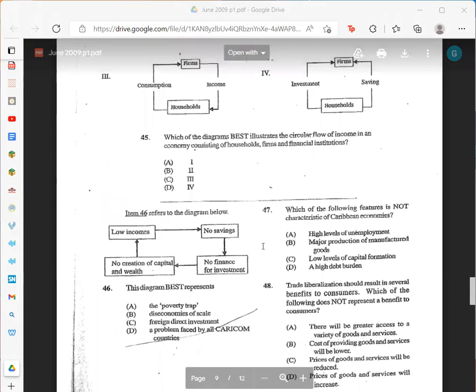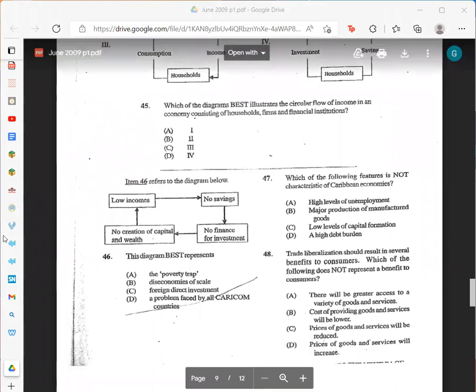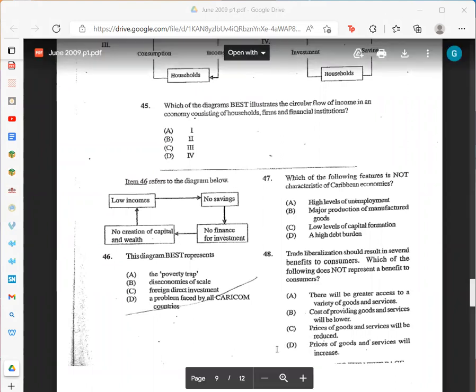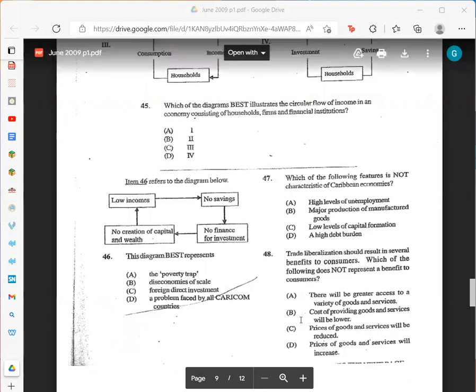So 46, the diagram best describes what? So we have low incomes result in no savings, no finance, results in no creation of wealth. What does this result in? What would you say?